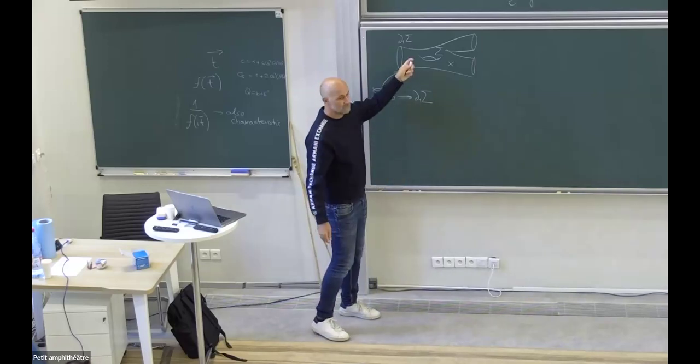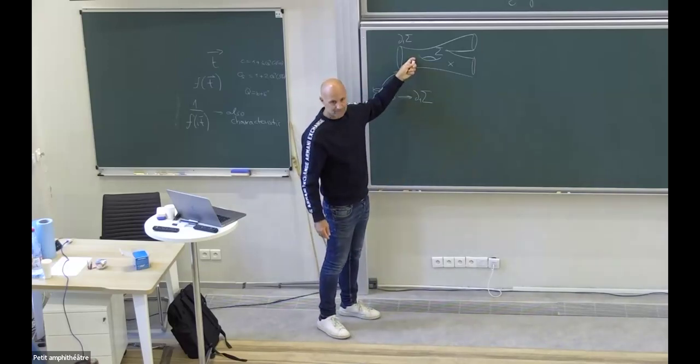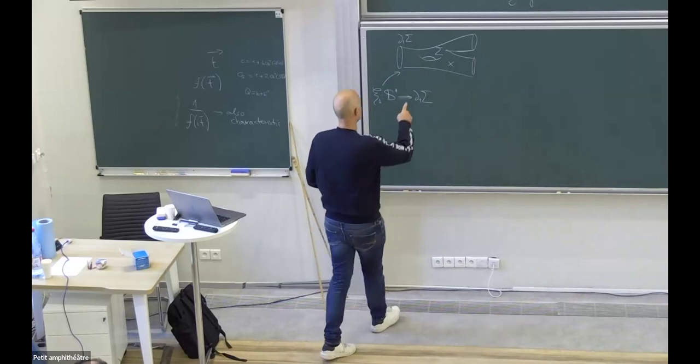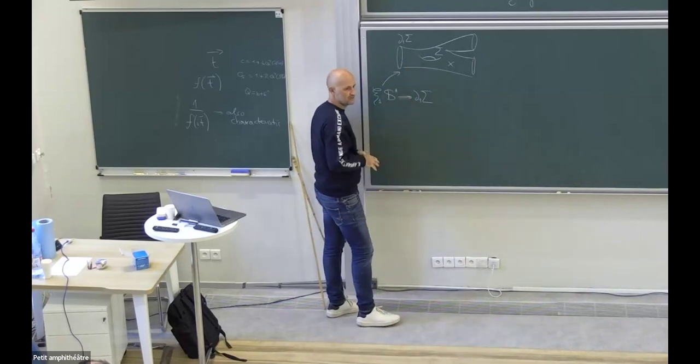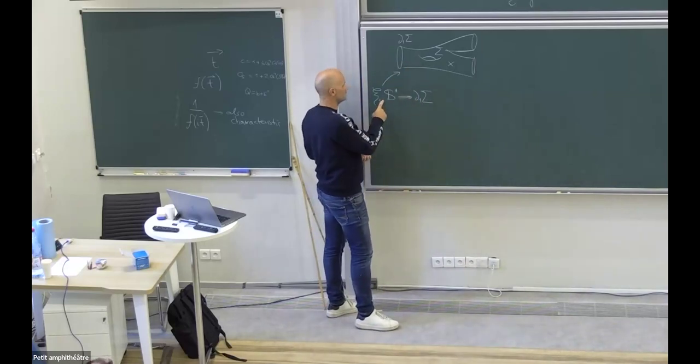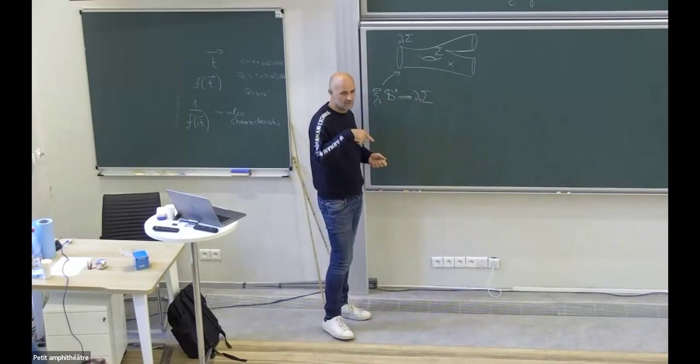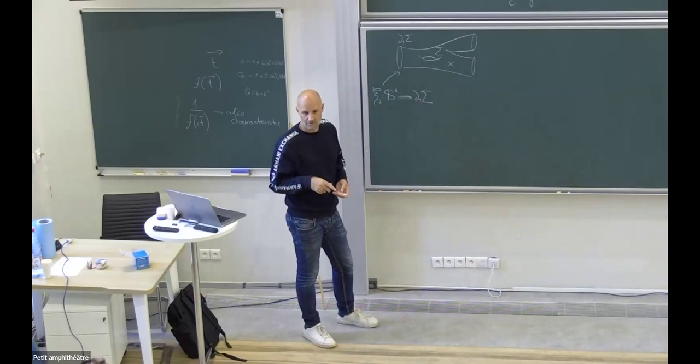And on your surface, you have an orientation. Okay, the surface is a Riemann surface, so you have an orientation, and so it gives you an orientation of the boundary. And this map here basically has two possible orientations depending on which way you go along the circle.